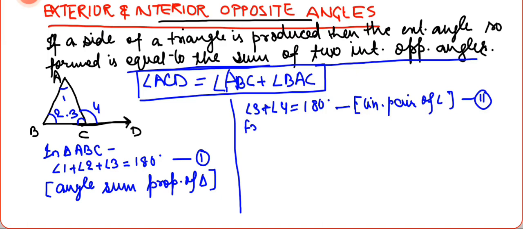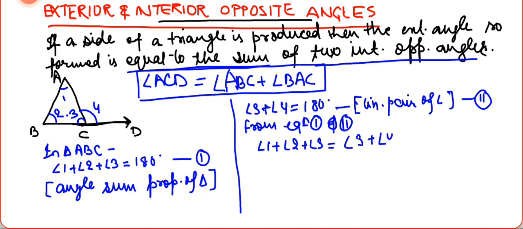So, from equation 1 and 2, we can write here that angle 1 plus angle 2 plus angle 3 is equal to angle 3 plus angle 4. So we can delete angle 3 and angle 3 because they have the same signs on the opposite sides of the equal sign. So we finally get that angle 1 plus angle 2 is equal to angle 4.